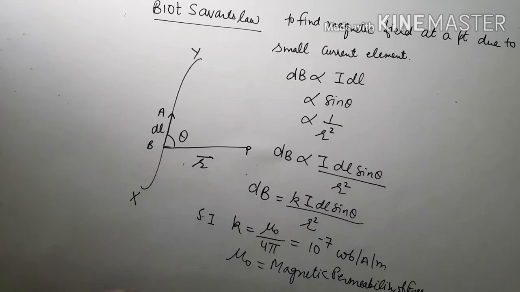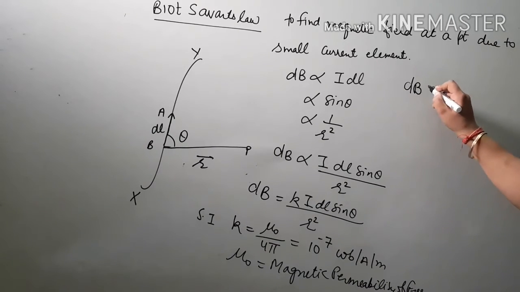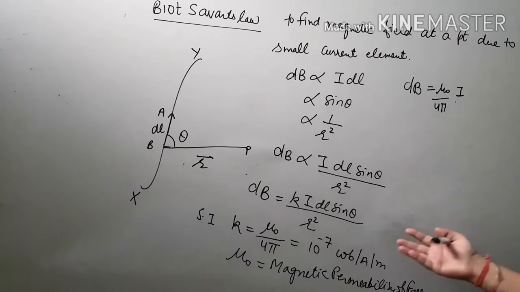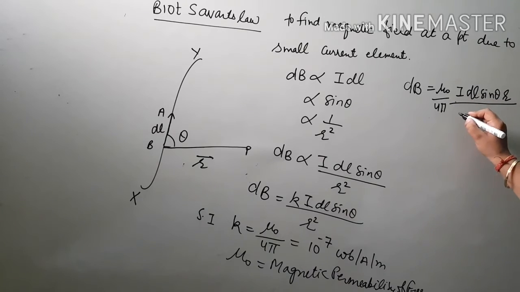Now, as you can see here, sine theta is coming, so it is the cross product, meaning dB is equal to mu naught by 4 pi I, because current is a scalar. So we can't take it in the cross product, so I am multiplying and dividing it by r.